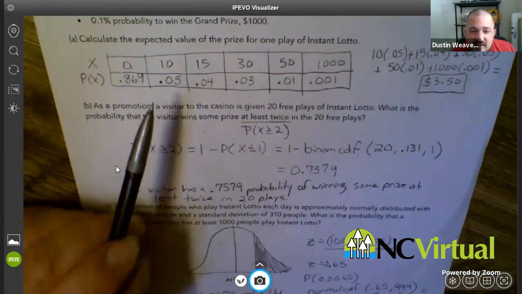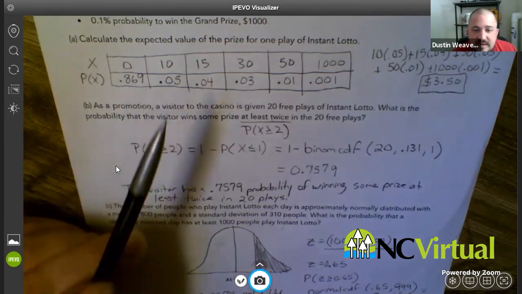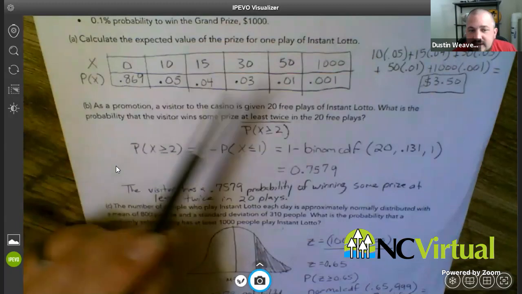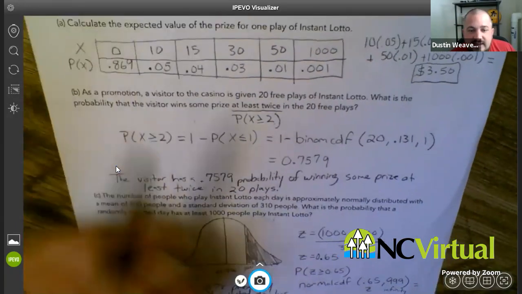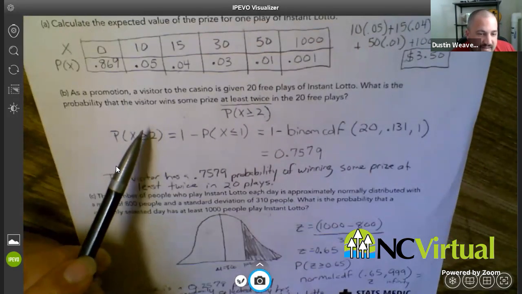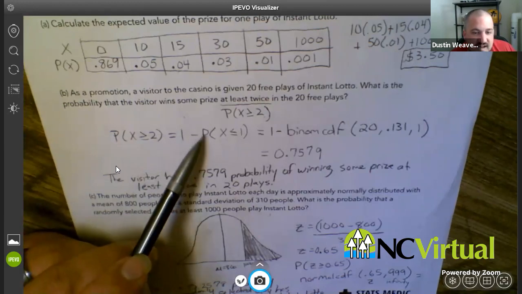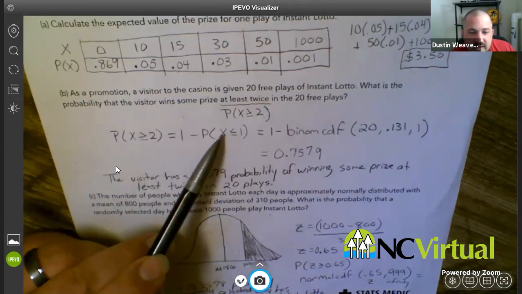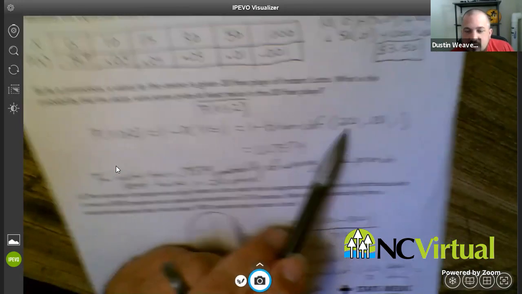So as a promotion, a visitor is given 20 free plays of instant lotto. So we want to know what the probability is that they win some prize. It could be anyone. It could be the $10 one. But some prize at least twice in the 20 free plays. So to know that they win at least twice, so 2 or more times, we're going to go 1 minus the chance that they win 1 or less. And so the chance they win one or less, well, there's 20 free plays.